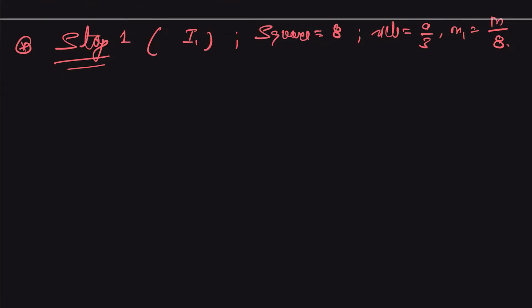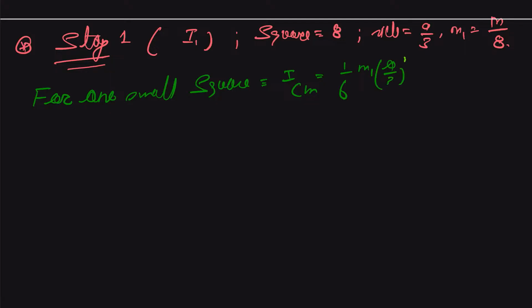For one small square, we can find its moment of inertia with respect to its center of mass, which we know is 1 by 6 times its mass and the square of the length, that is A by 3 whole square.